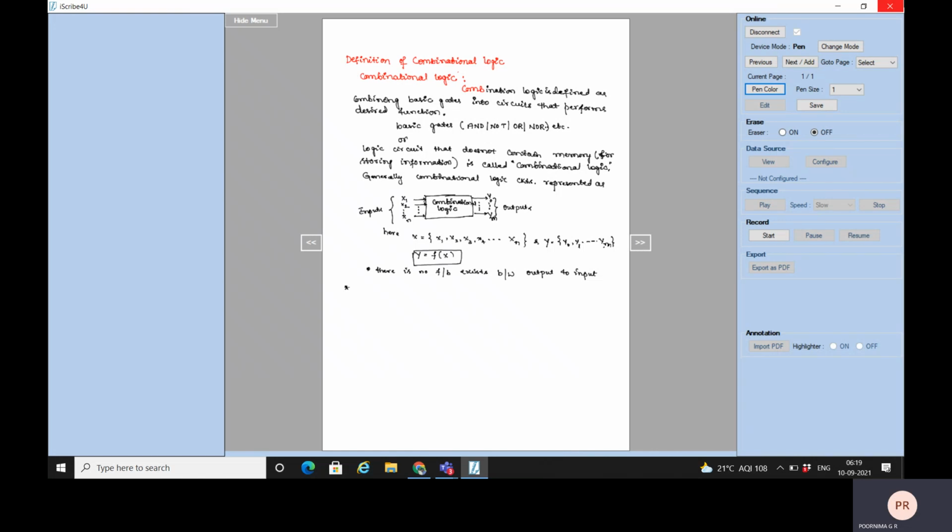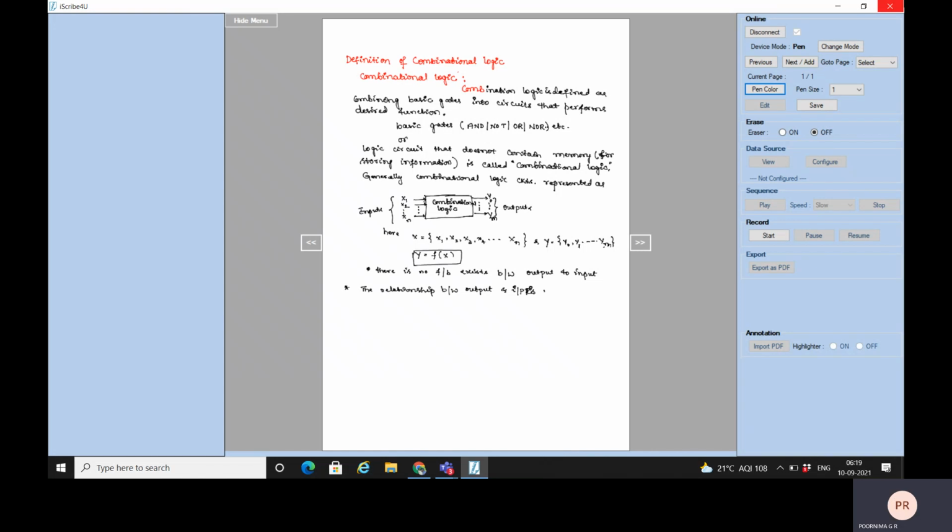Further moving on to the relationship between output and input. How do we correlate?